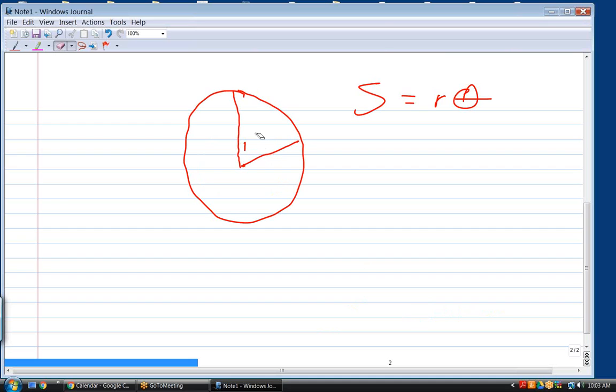So S is arc length. Now let's talk about sector area. If I want to know the area of that, well, what's the area of the circle? Pi r squared. And what percentage of the circle is that?